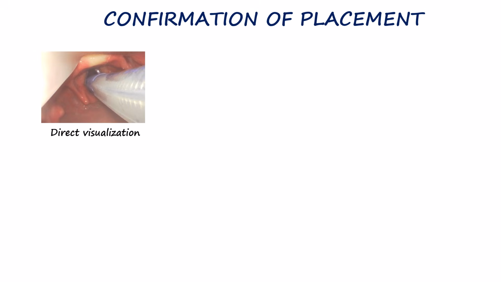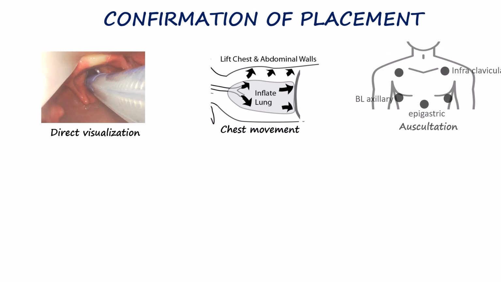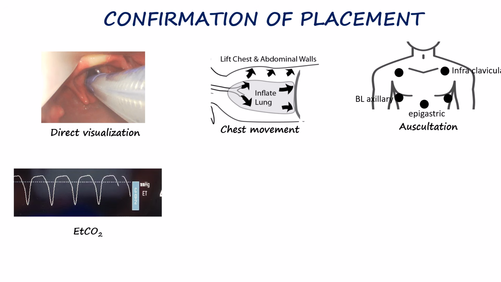Correct placement of the endotracheal tube is verified using multiple methods. These include direct visualization of the tube passing between the vocal cords, observation of bilateral chest rise and fall with ventilation, 5-point auscultation, and the presence of a consistent end-tidal CO2 waveform.